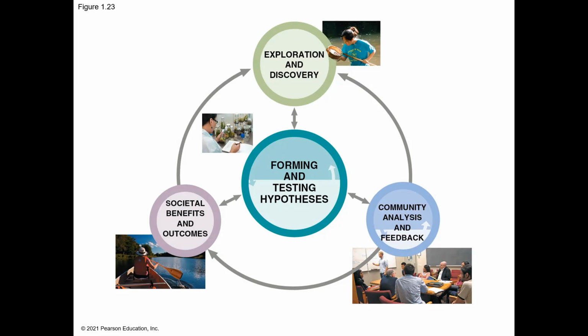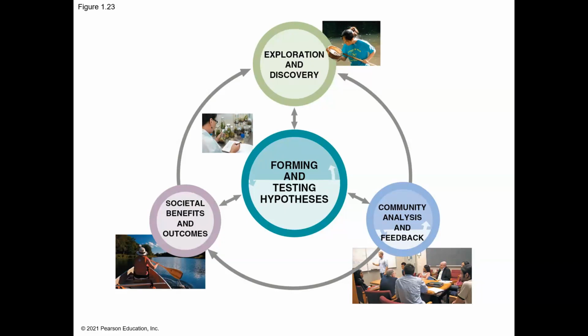And then there's also the community and feedback. So you may do a research project, say on a new drug, and you release your data to the scientific community, and the scientists review it and say, well, you know what? Why didn't you do this? Why didn't you look at how it affects this group of people, or how it affects this health problem?